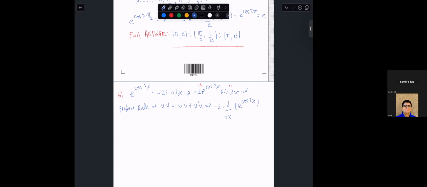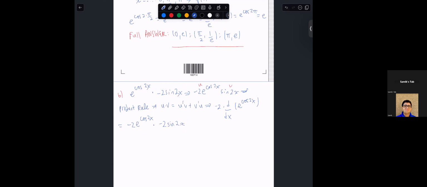This is minus 2e^cos 2x into minus 2 sine of 2x, and minus 2 sine of 2x is because we're doing chain rule again, guys.